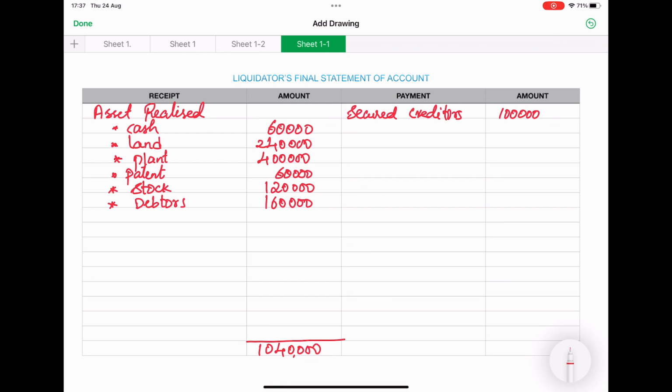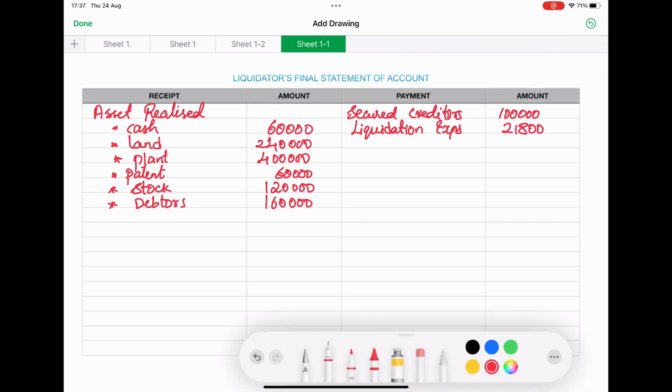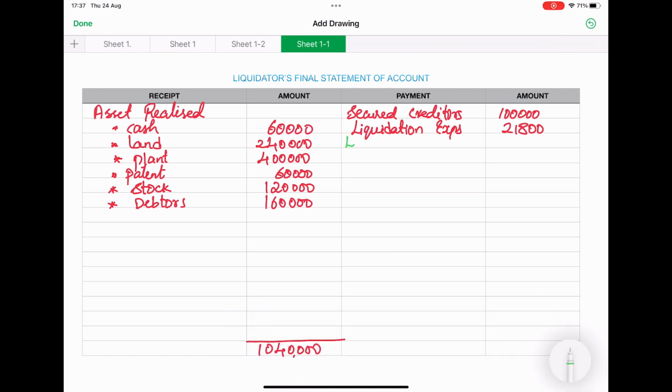Next, we have expenses on liquidation, or you can write it as liquidation expenses, 21,800. They have directly given it. Next one we have is the liquidator's remuneration.